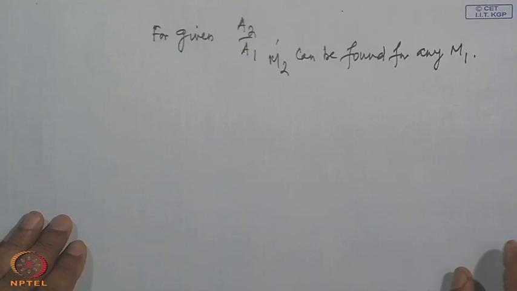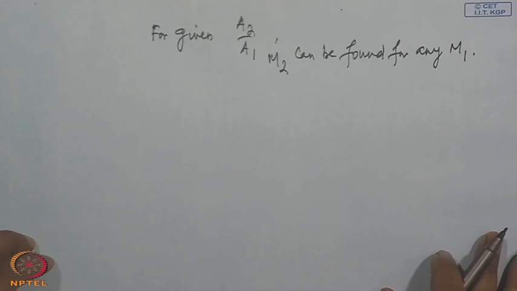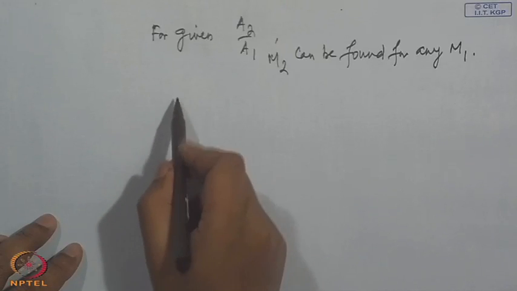Now, for a given area ratio A 2 by A 1, M 2 can be found for any M 1, and the solution, if we plot, looks something like this.